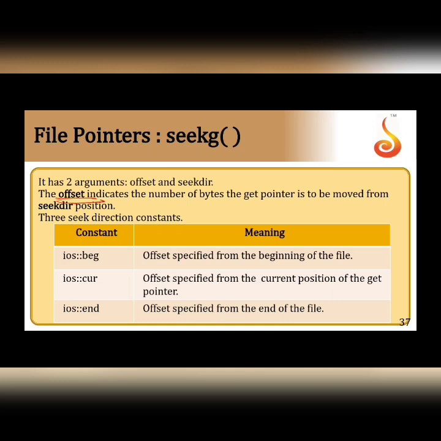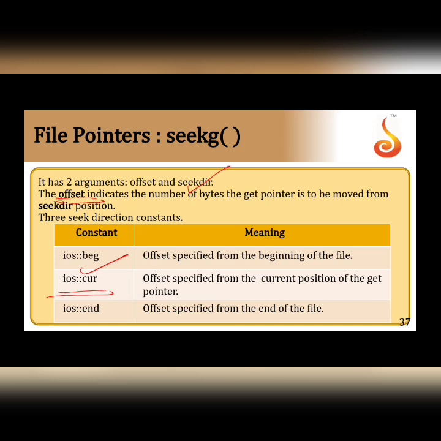So the seekdir can take three arguments. One is ios::beg, that is offset specified from the beginning of the file. If I say 40, ios::beg, from the beginning or the 0th byte, 40 bytes would be moved forward. Or if I don't specify anything also, it would be taken as beginning. But from the current, I would have read the file halfway through, and I want to skip some data in between.